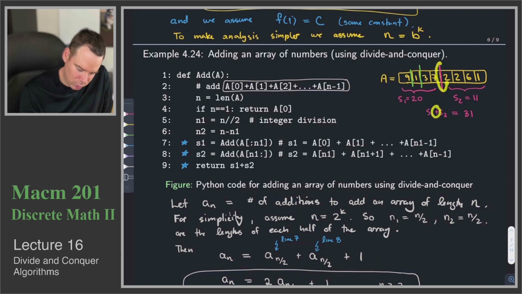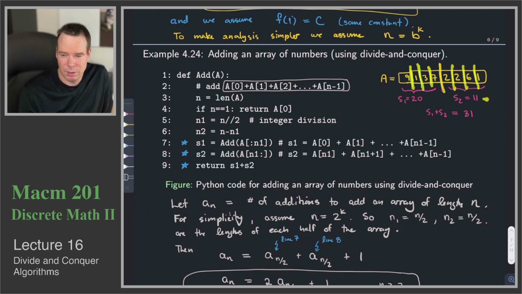That sum corresponded to this vertical bar between the 2 halves. But then I would have also done this sum, corresponding to that vertical bar on the recursive step, and then this one and this one. So in effect, I'm going to do a sum corresponding to each one of those vertical bars. And since there are n values, there are n minus 1 vertical bars between them. So I would have done n minus 1 sums.